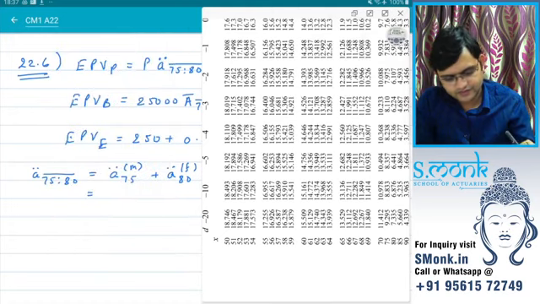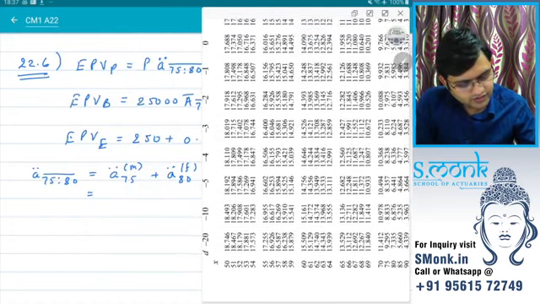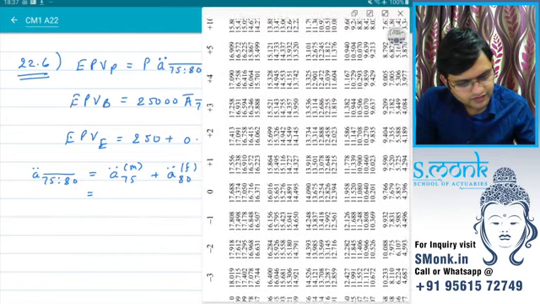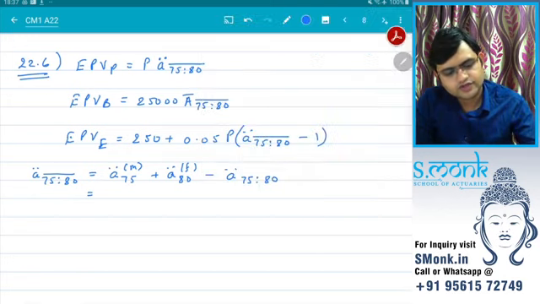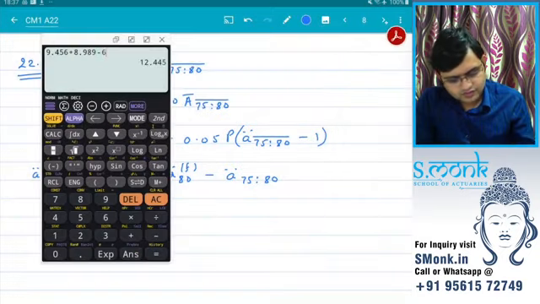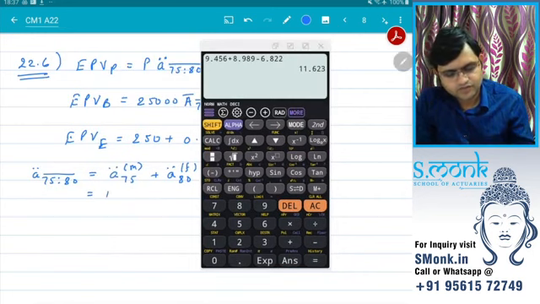Looking up 75 going for plus 5, it seems 6.822. That gives 11.623.